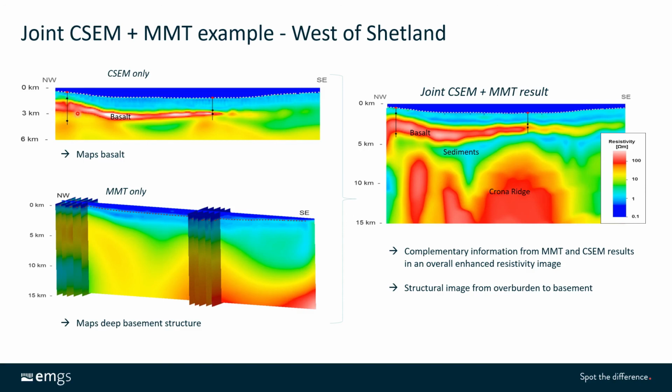And to get more sensitivity, what we did is a joint inversion of CSEM plus MT. And when we do the joint inversion, here on the right hand side you can see the picture we got from the joint inversion. Now even the thick basalt or the thin basalt, both have been mapped or imaged quite nicely. And not only that, because of the MT data, we also start seeing the basement, which has been imaged pretty nicely.